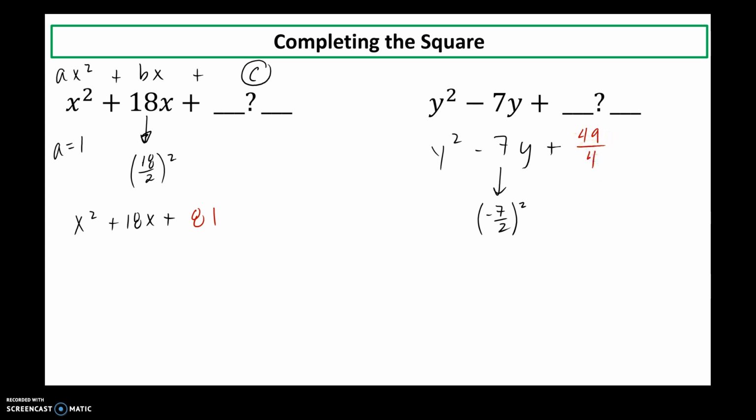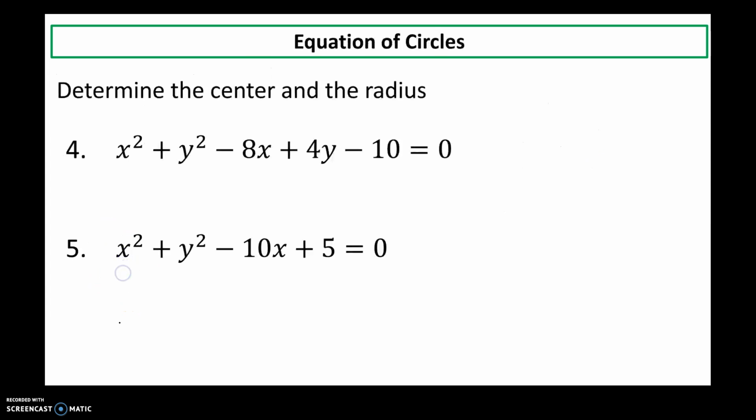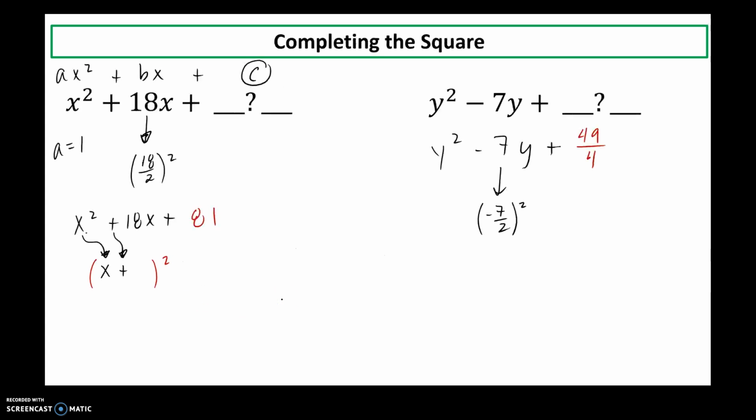Now the whole point of completing the square is so we can write the equation as some quantity being squared. Okay, so when we complete the square and we factor, square root of x squared is x. The sign of the middle term is going to be the sign of the factor of the binomial. And then the square root of 81 is equal to 9.